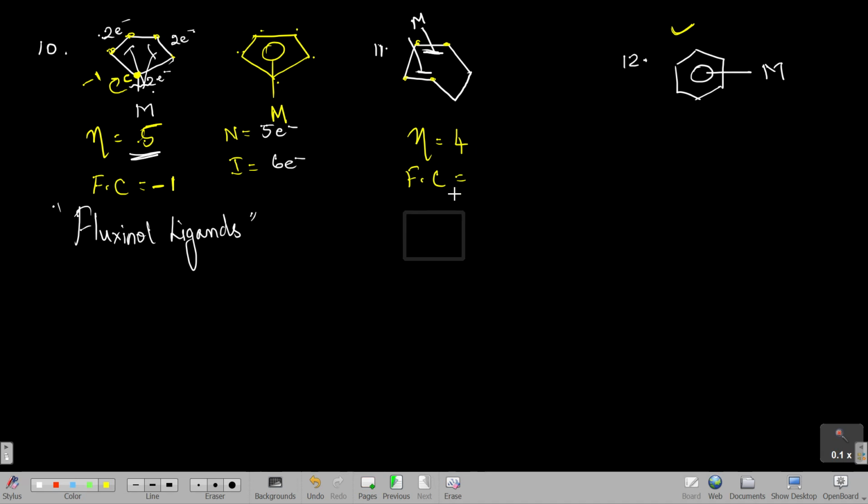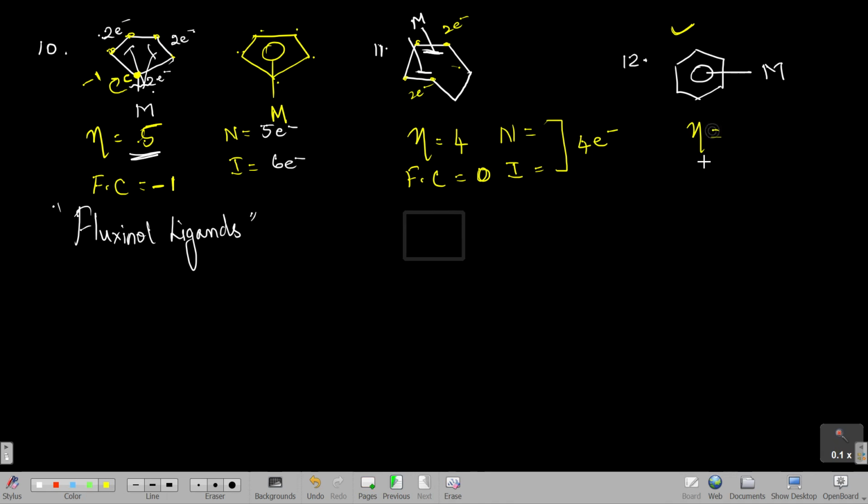Basically the donation is from the pi electrons, so formal charge is 0. Now, come to the electron contribution. Since the donation is from the pi electrons, whether it is neutral method or ionic method, you just need to count the total number of electrons. So, 2 electrons from here, 2 electrons from here. Totally it is going to be 4 electrons, which is constant for both the cases.